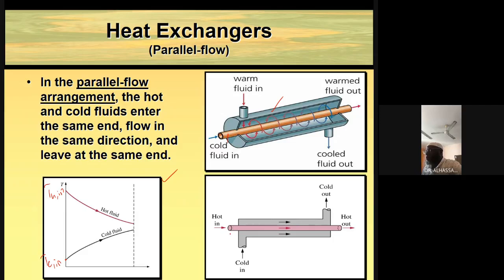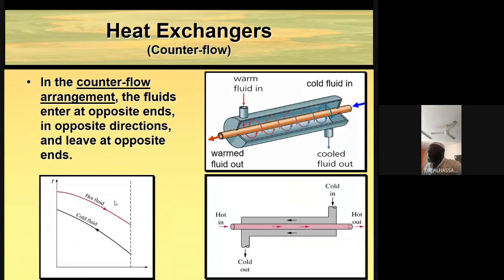As the cold fluid enters, it exchanges heat with the hot fluid. The hot fluid transfers some heat into the cold fluid, so the cold fluid's temperature increases gradually, asymptotically like this, and the hot fluid's temperature reduces gradually like this. This is the temperature profile for a parallel flow heat exchanger.